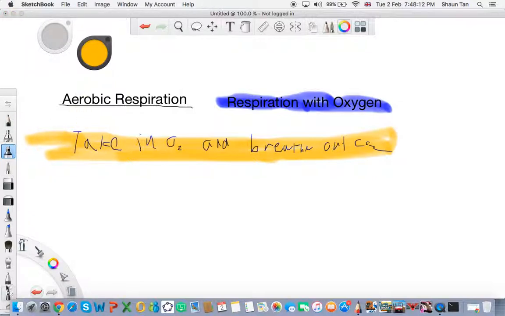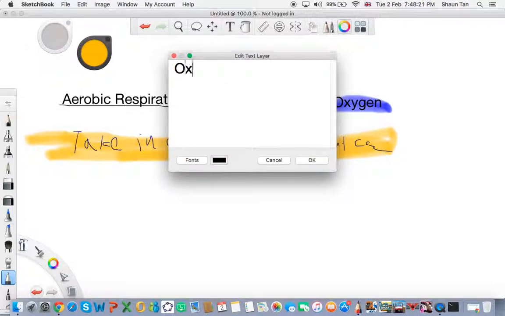So do you remember that? What you need is oxygen plus glucose gives carbon dioxide plus energy.